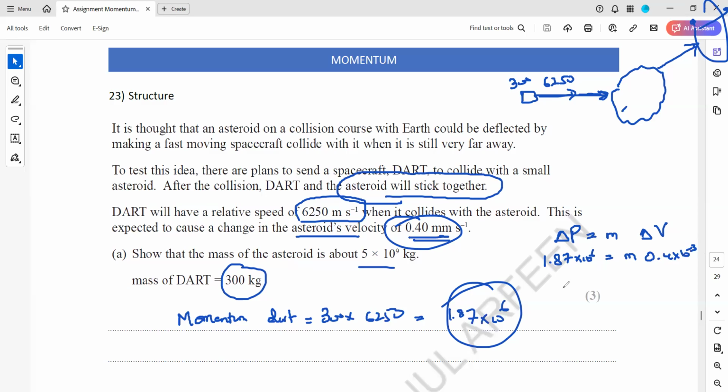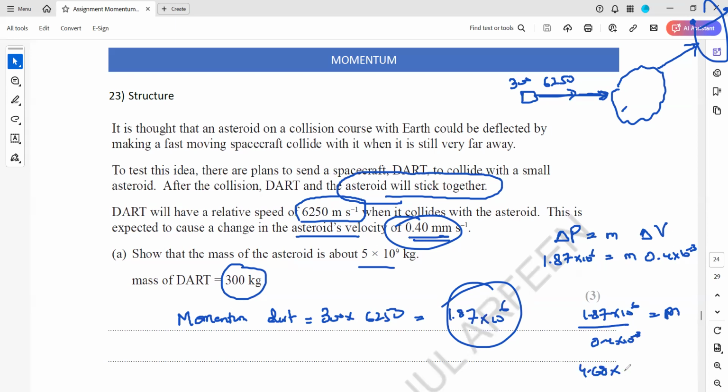So this is multiplied, on the other side it will be divided. So 1.87 × 10^6 divided by 0.4 × 10^-3 will give us the mass of the asteroid, which is 4.6 × 10^9.